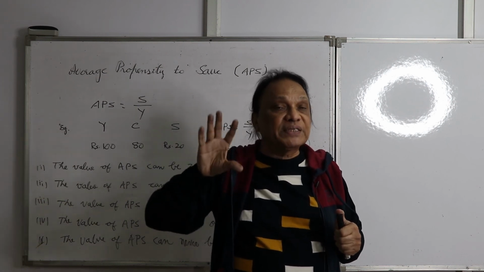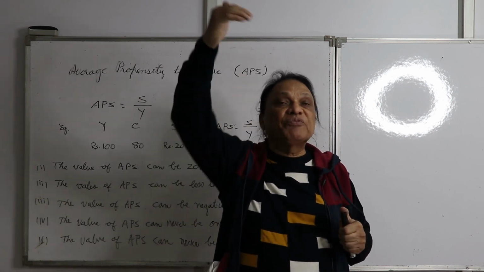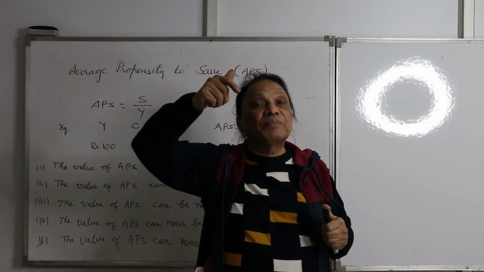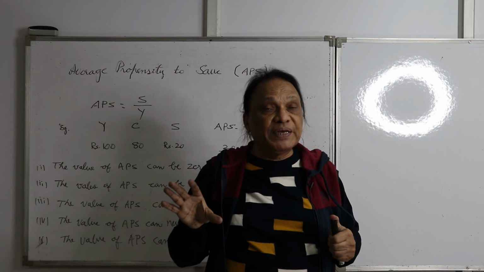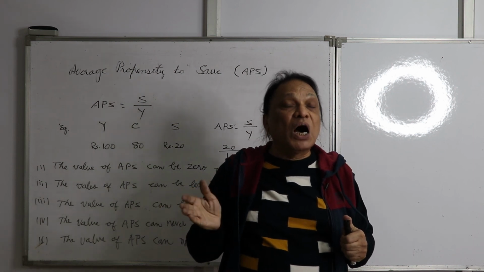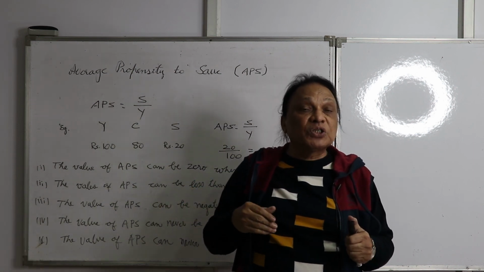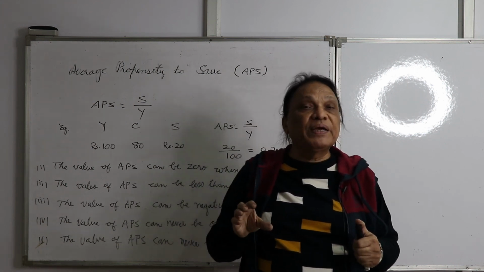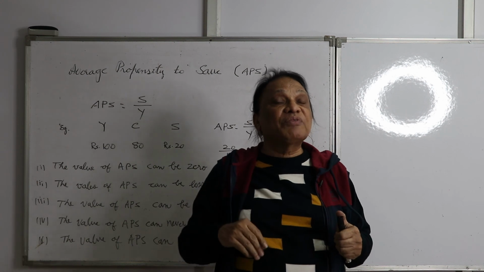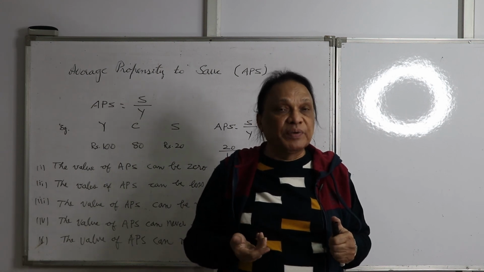Just remember, at the break-even point, when income is equal to consumption, savings are 0, so APS can be 0. Before the break-even point, since consumption is greater than income, savings are negative, so the value of APS is negative. After the break-even point, consumption is less than income, hence savings will be positive, but APS will always be less than 1 in decimal.